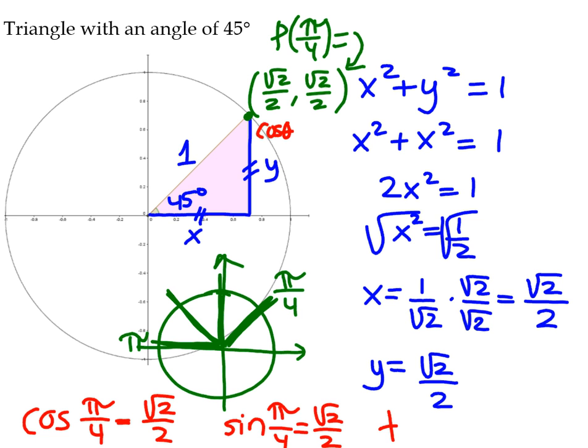If I was asking you about tangent, tangent is sine over cosine. And if you remember how to divide fractions, you have to multiply by the reciprocal. So it's square root of 2 over 2 times 2 over square root of 2, and they will just cancel out, so our answer will be equal to 1. So that's if they ask you for tangent.